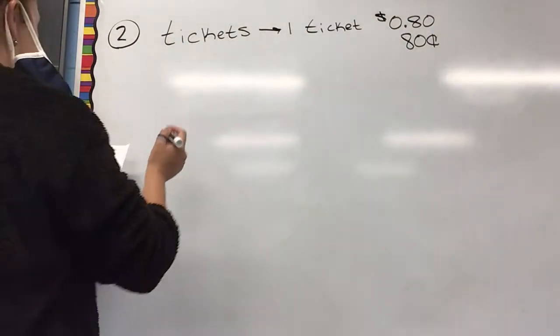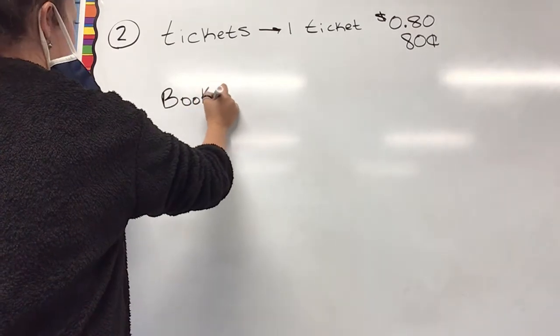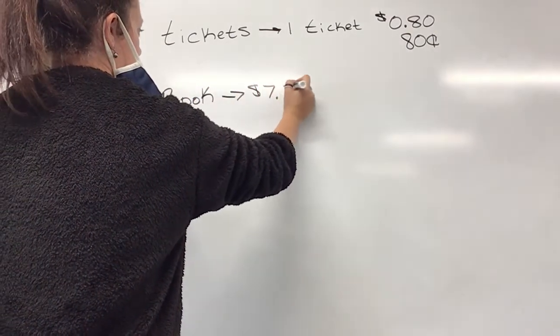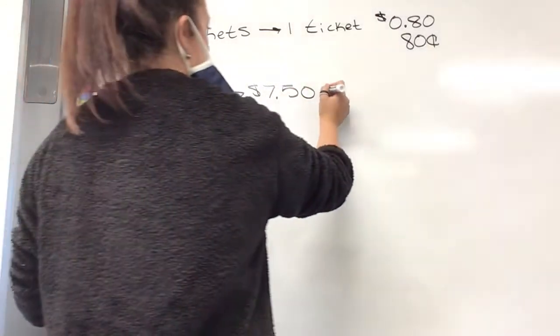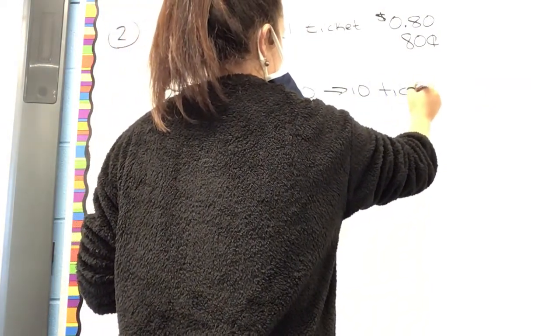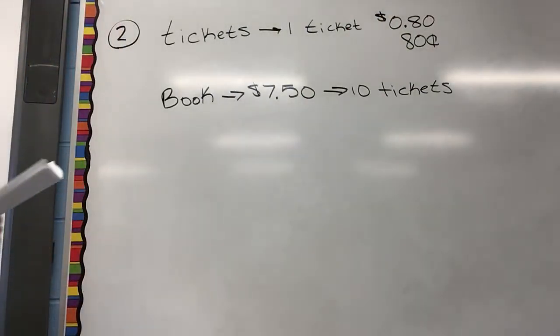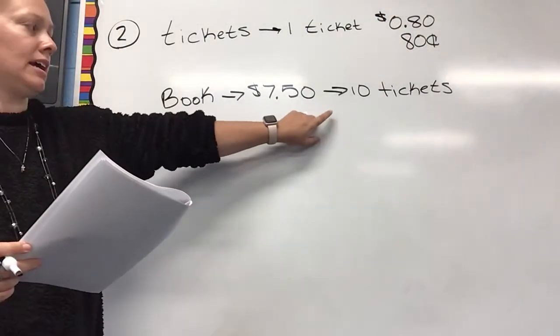When you buy a book, so this book costs $7.50. Okay, and inside this book, there's 10 tickets. They want to know that inside of this book, how much is just one of those tickets.